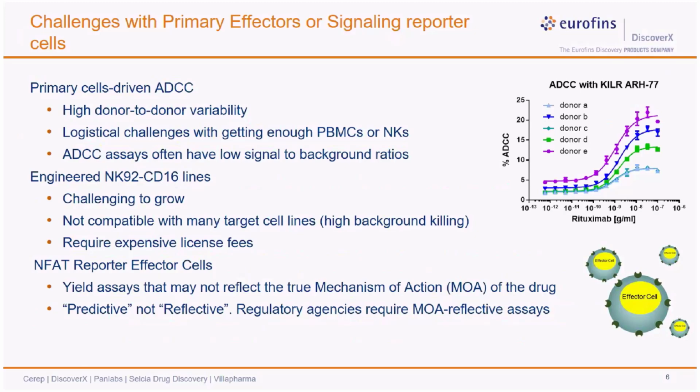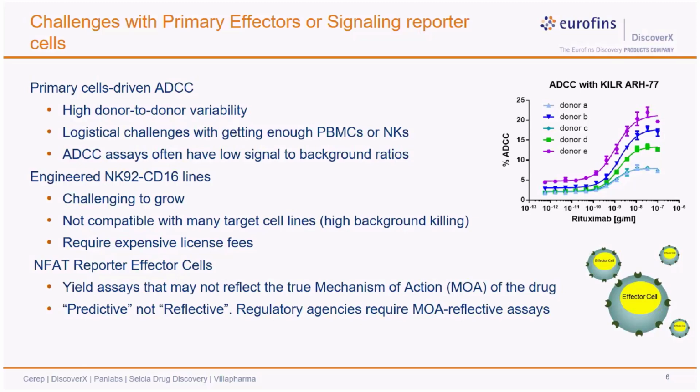Firstly, it is the donor-to-donor variability itself. What it means is that cytotoxicity assays show higher variability between experiments when the effector cells used are derived from different donors. So this is by far the most prominent issue with using primary cells in these assays.